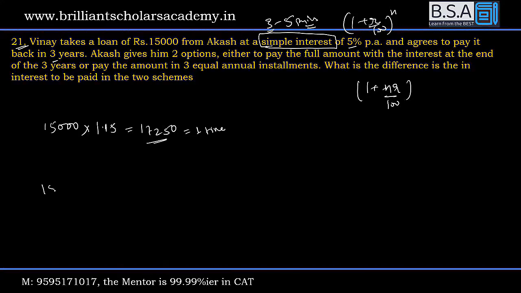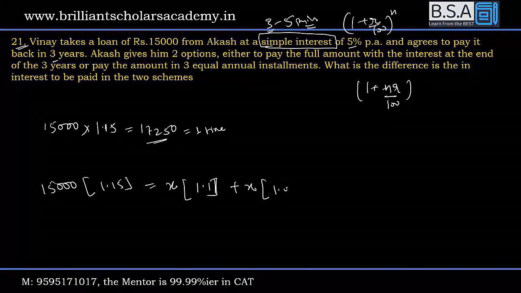Now, if 15,000 rupees is being paid over 3 years, interest will again be 15%. But when the first payment is made, it will generate 10% interest because there are 2 more years after it.